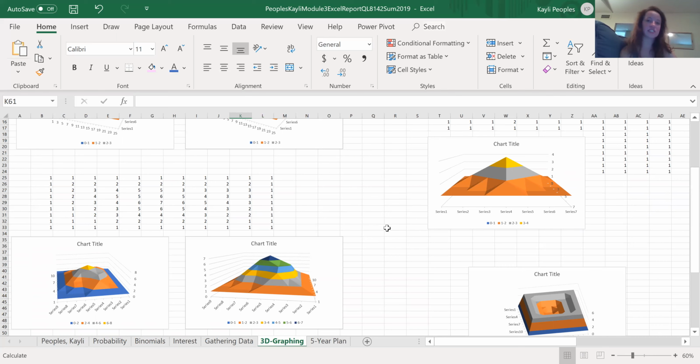But these specific numbers that I have put in all over the screen, those create these graphs based on the value for each spot. Just like how you make a topographic map.